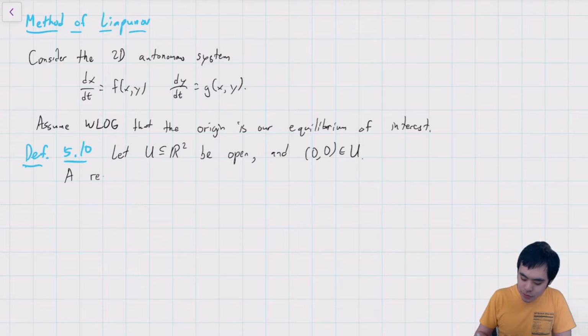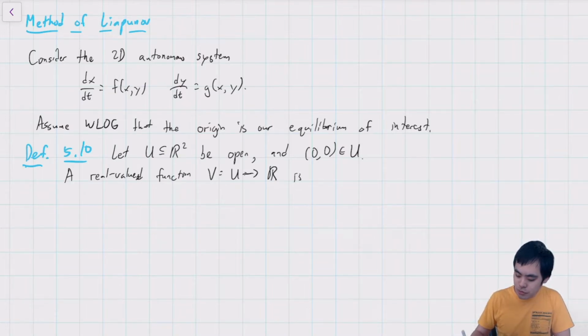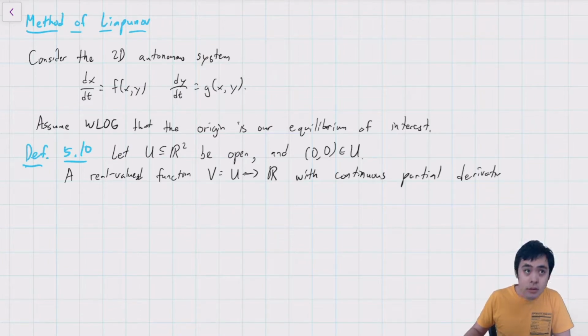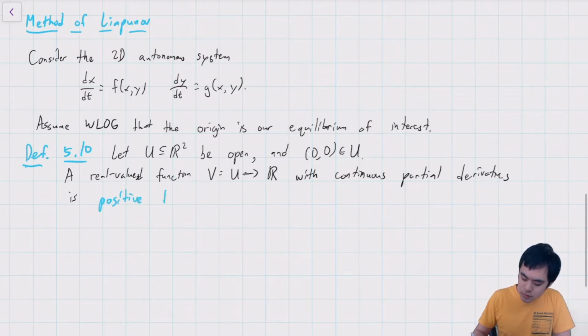So then a real valued function V from U to R, with continuous partial derivatives, so this is a C1 function, is positive definite on U if there are two conditions.